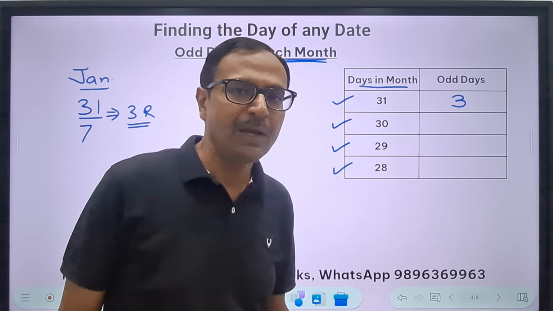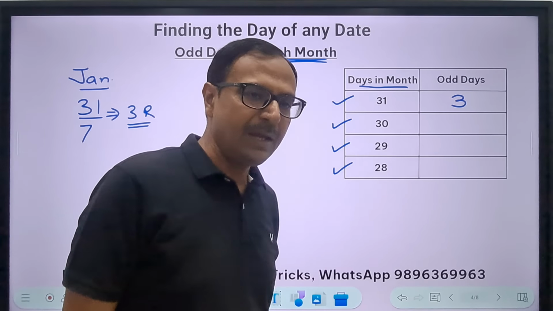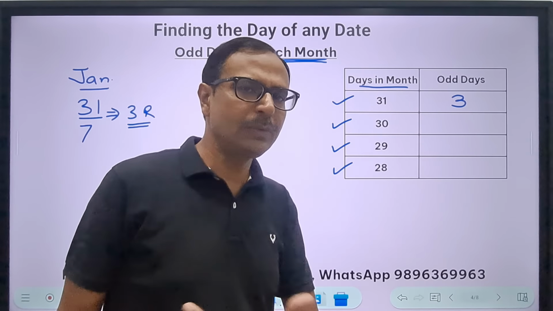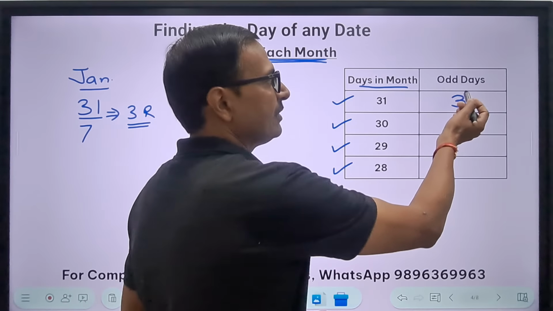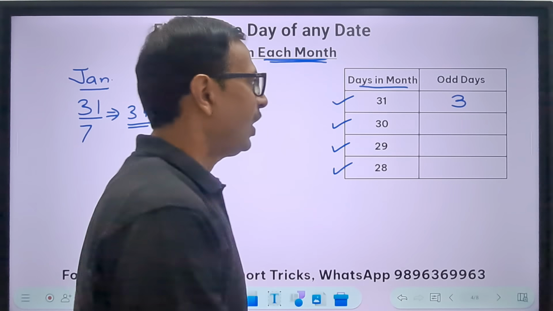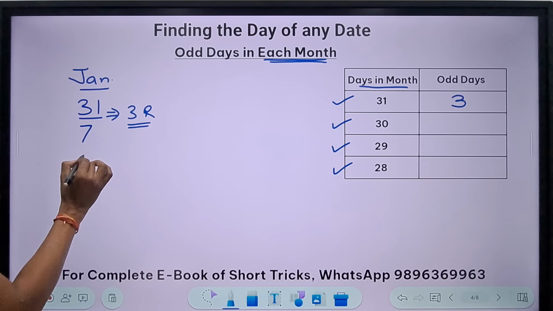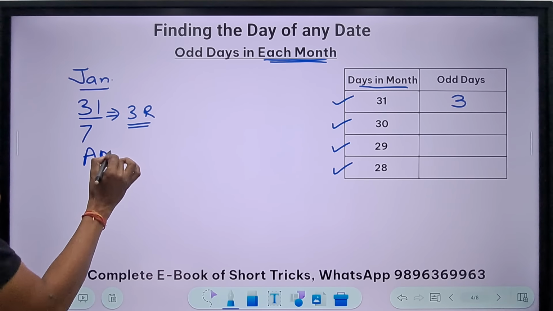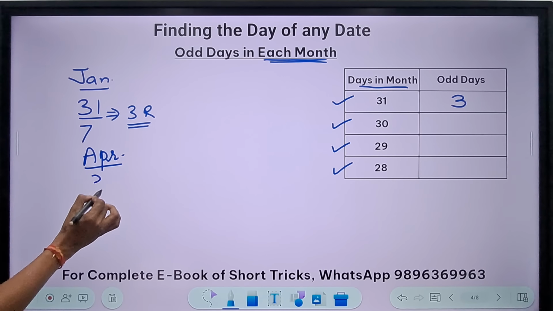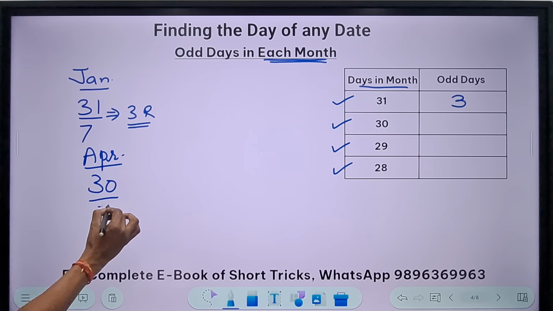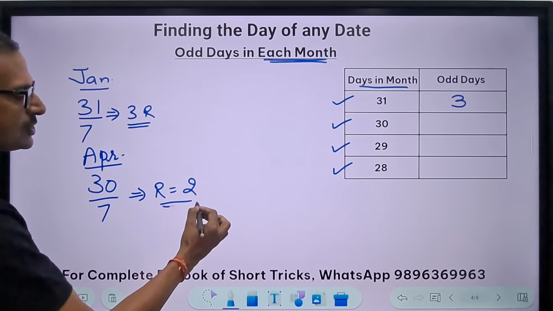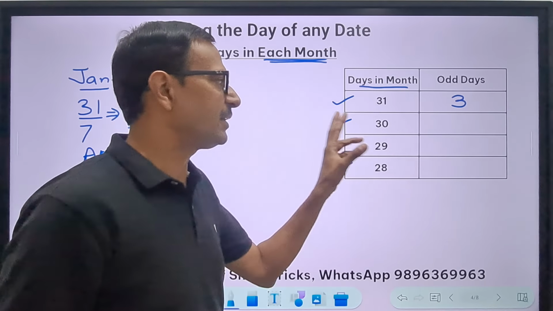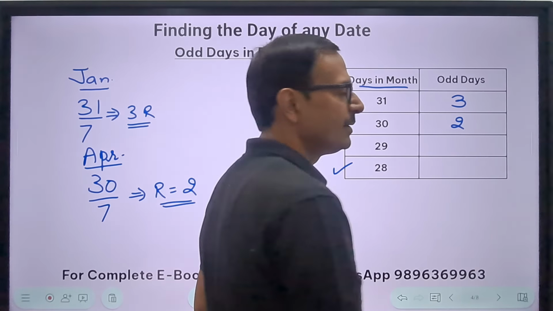Whether it is January or March or May or so on up to December, you can pick up all the months having 31 days, they will always have 3 odd days. How about 30? Just like April. If you talk about April, it has 30 days and 30 divided by 7 will always give you a remainder equal to 2. And so every month that has 30 days will have 2 odd days.